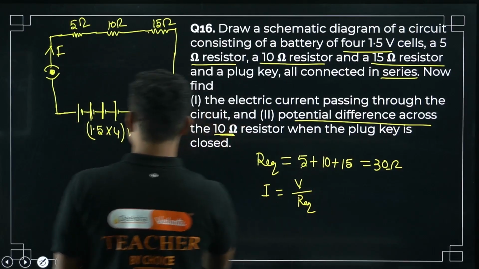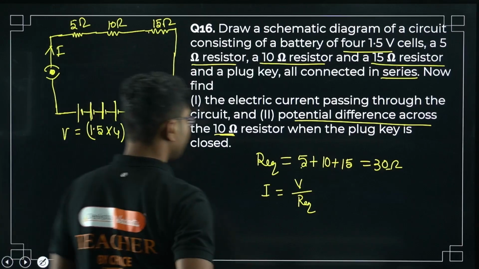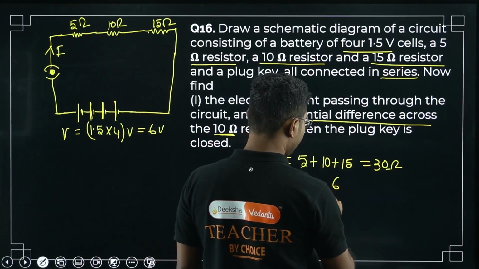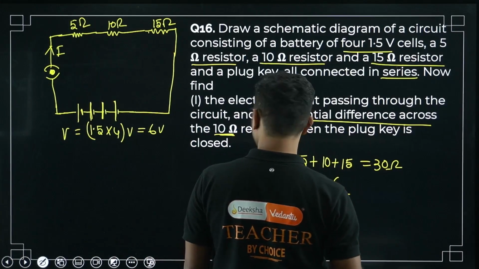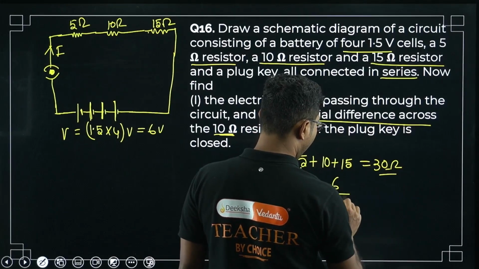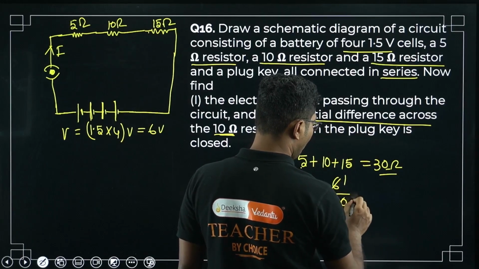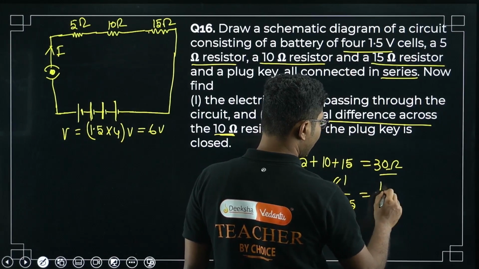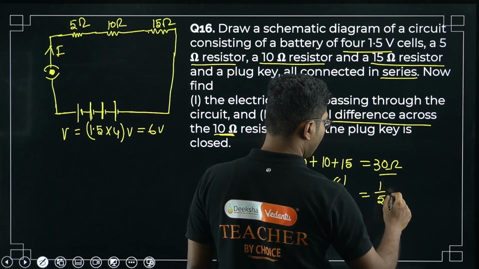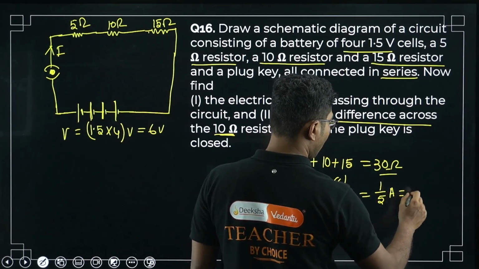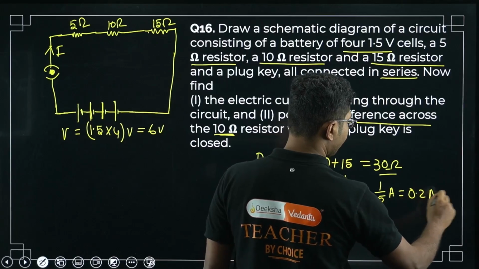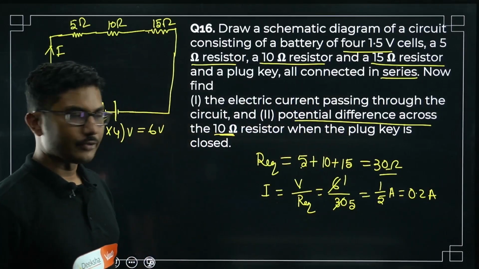Volt is 6 volt. So 6 volt divided by 30 ohm, 1 by 5, so 1 by 5 ampere, or 0.2 ampere. Okay, 1 by 5 is equal to 0.2.